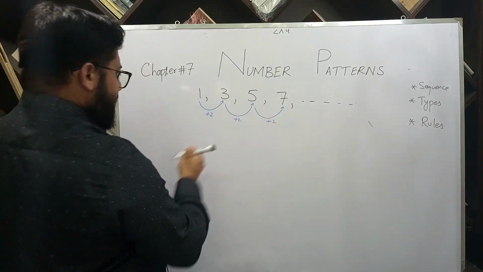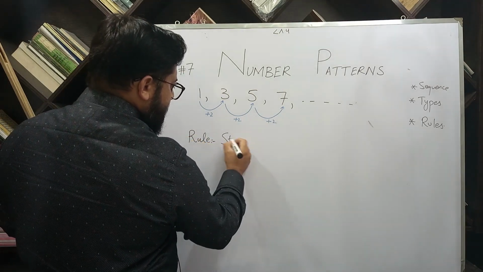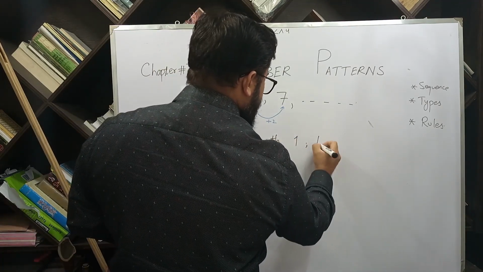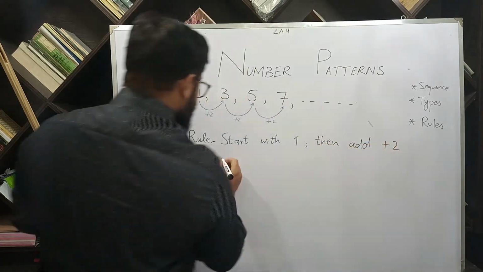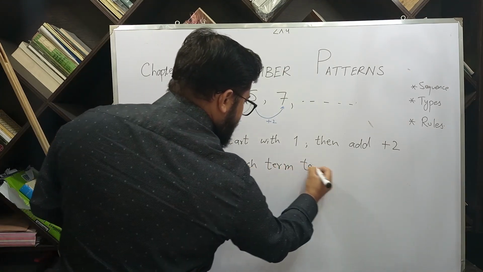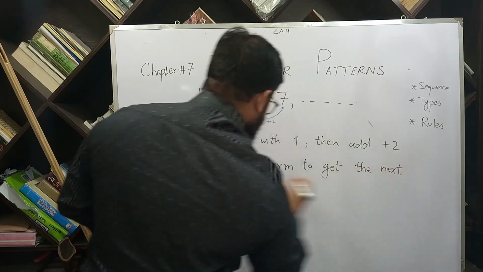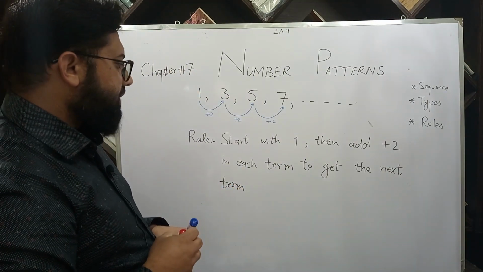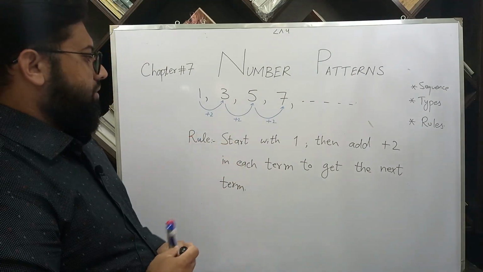So I will write down the rule as: start with 1, then add 2 to each term to get the next term. So this is how we write down the rule.